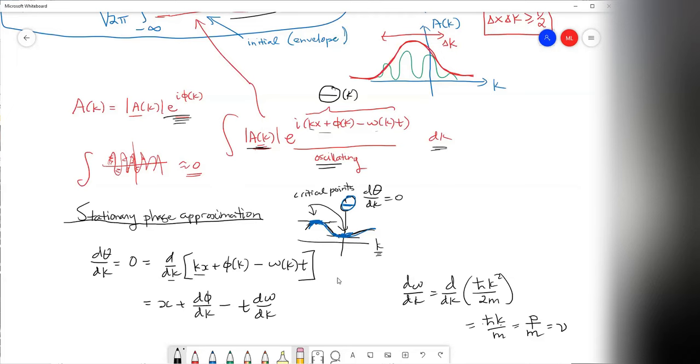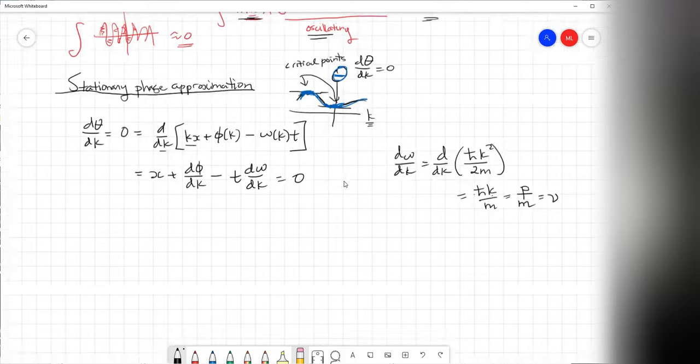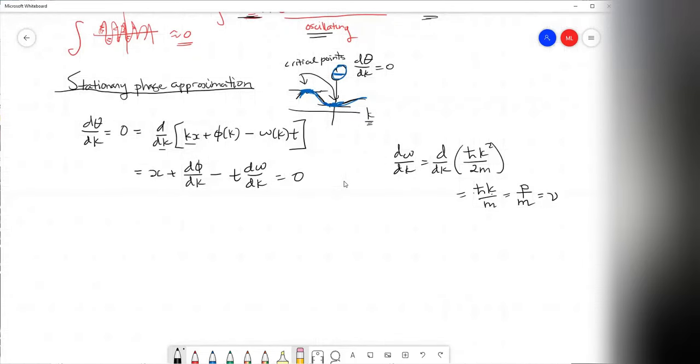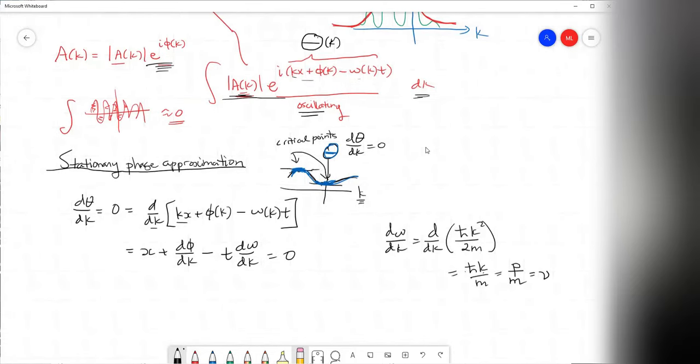And so what does it mean if all of this is equal to 0? Look, this is nice. It tells you that the contribution to this integral happens when x is equal to v, and I'll put a little g here for group velocity because it's really like the velocity of the whole wave packet that this p over m gives you.